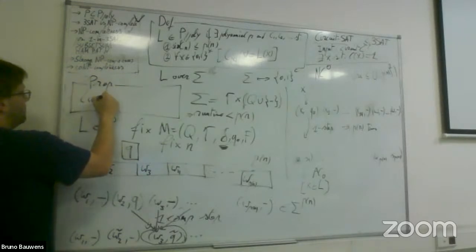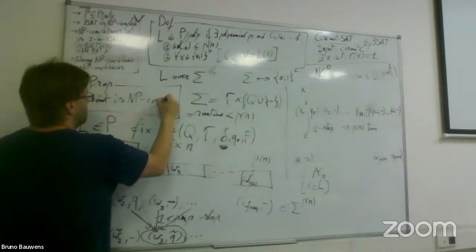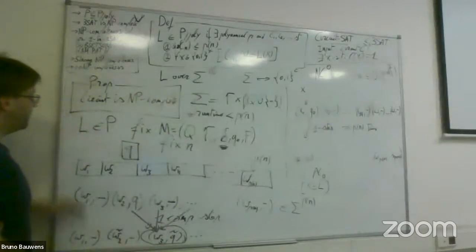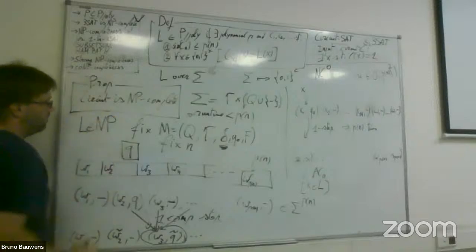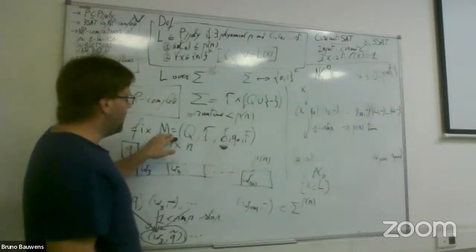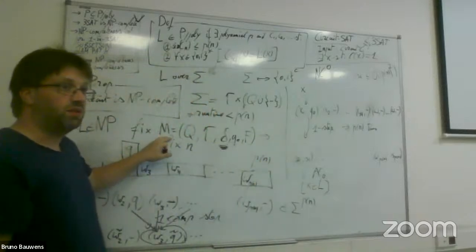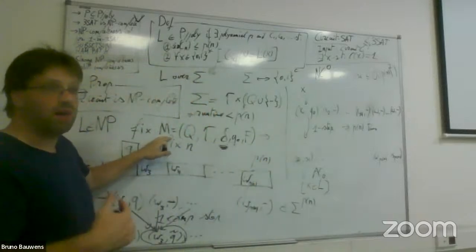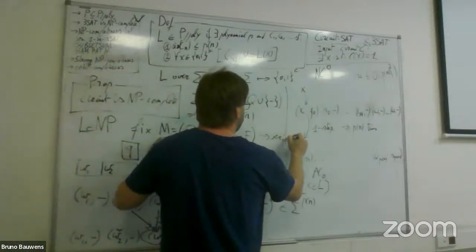So circuit SAT is NP-complete. So we fix a language, and the language is in NP. And now we fix M, a verifier for L: a polynomial time machine that gets two arguments.